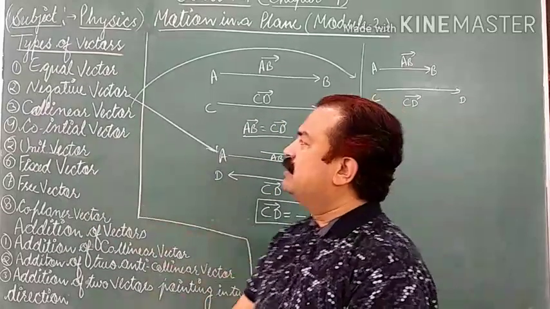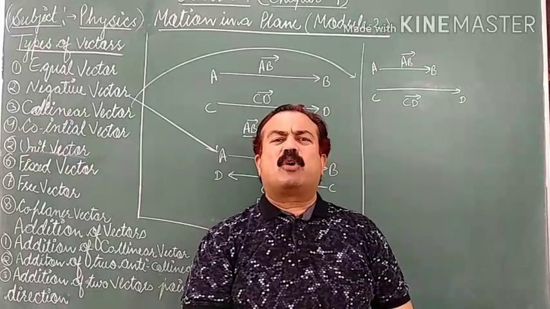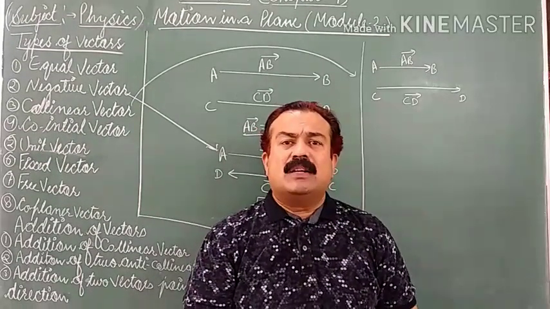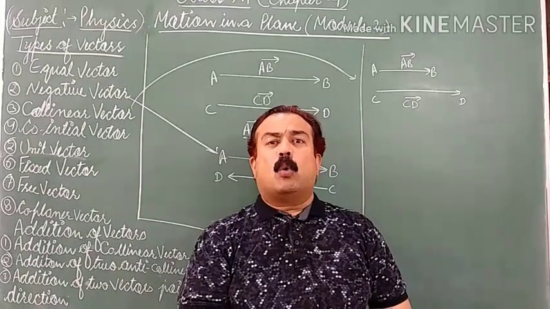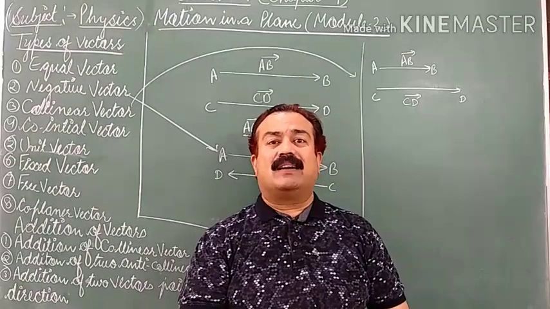Now, the next is co-initial vector. What is the meaning of co-initial vector? Co-initial vectors are vectors that have the same or common starting point.